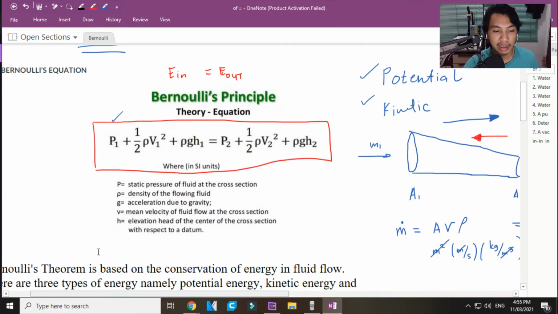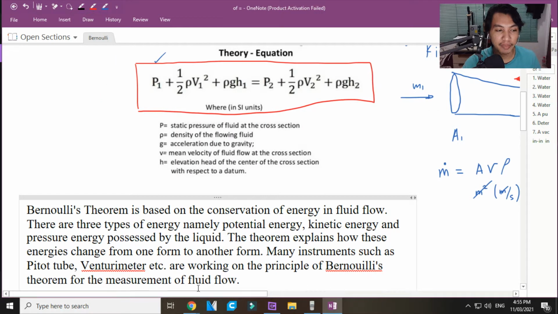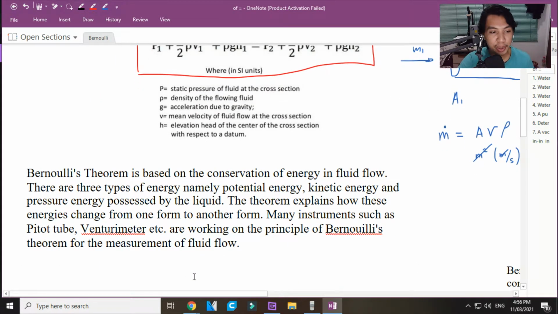Going back. It says here that by definition, Bernoulli's theorem is based on the conservation of energy in fluid flow. As I discussed, the flow of the fluid is constant throughout your piping.